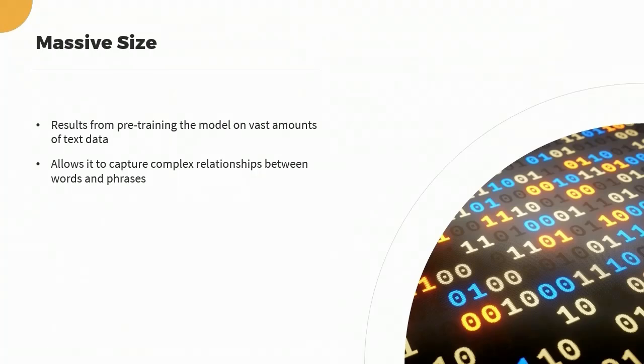The large number of parameters used also allows the model to capture complex relationships between words and the context in which they are used, resulting in more accurate and human-like text generation. However, the large size of ChatGPT does require significant computational resources to train and use, which may limit its application in some cases.